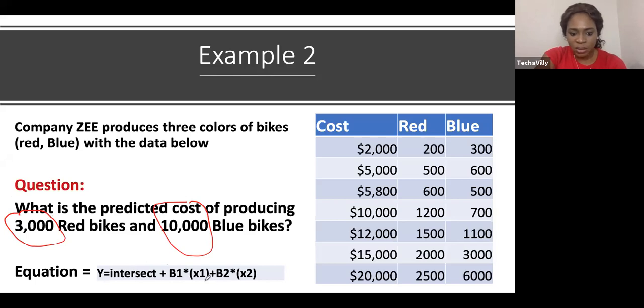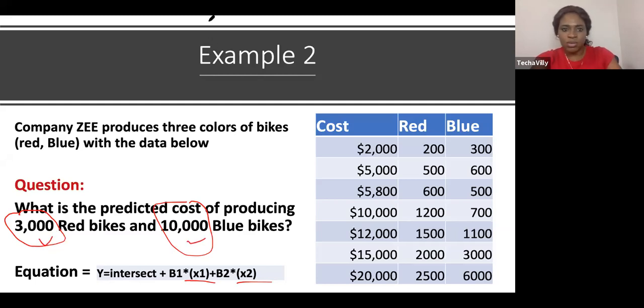This is the X1. 3,000 is the X1. And plus B2, which is going to be in the multiple regression that we will run, times X2. This is the B1, and this is the B2.